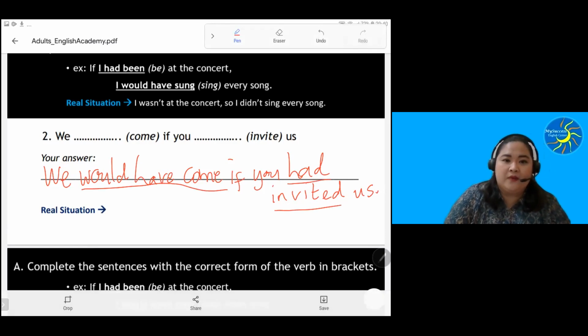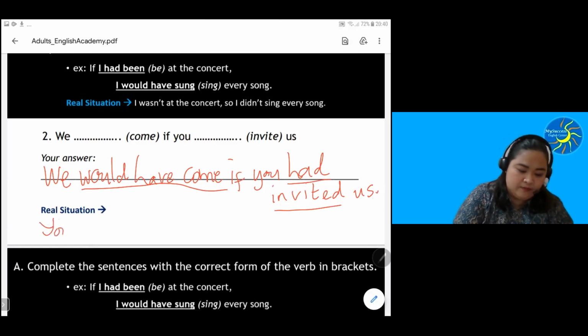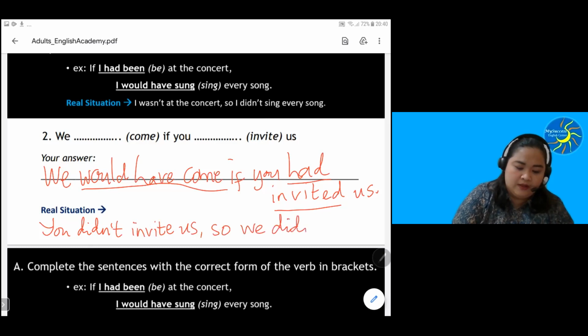Right. So the real situation is contradictory with the conditional sentence. You did not invite us, so we didn't come.